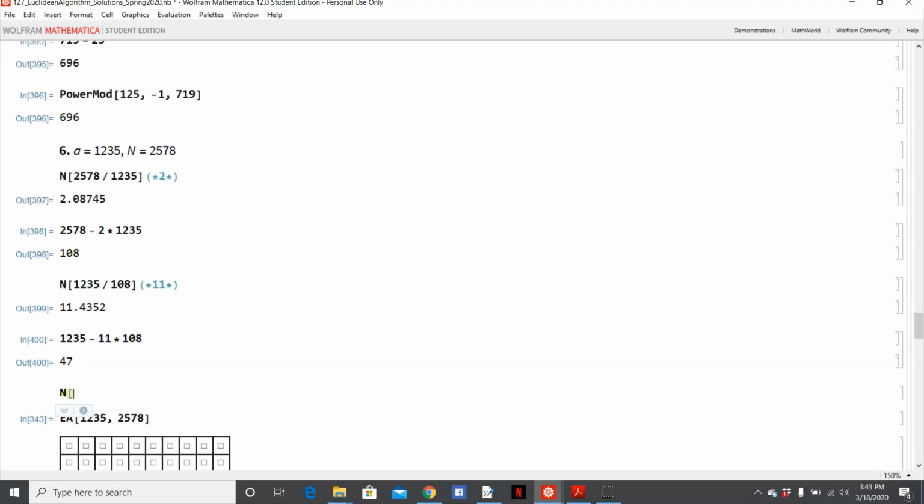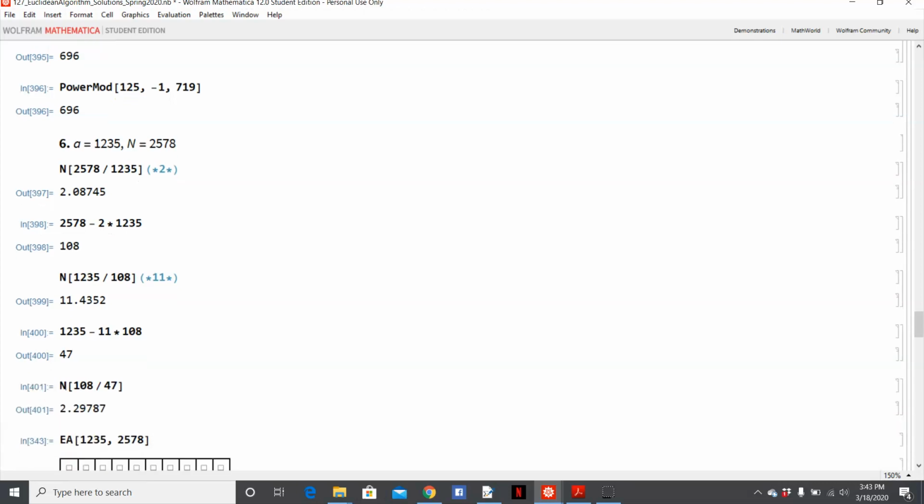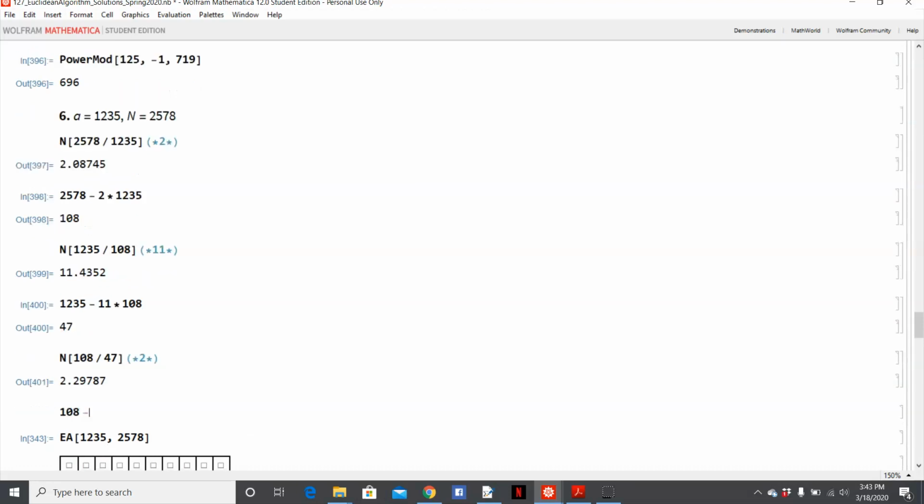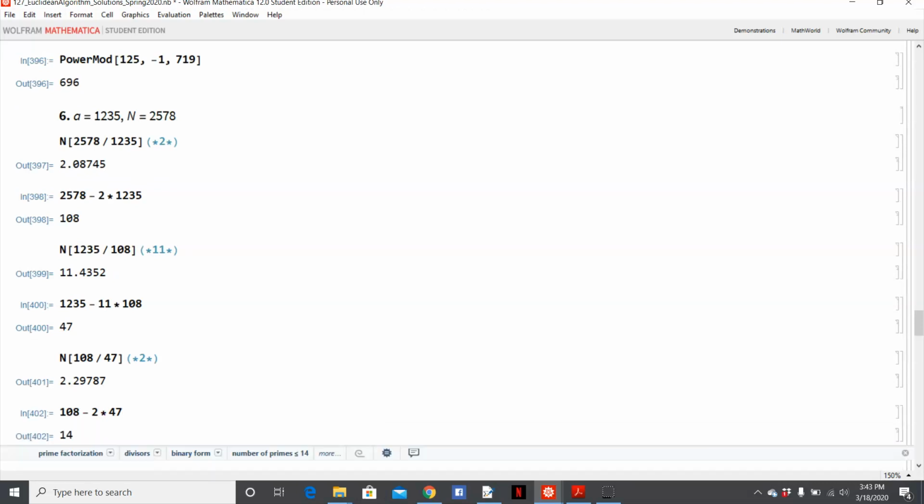All right, and now I'm going to take 108 and divide it by that. All right, and that's going to have a quotient of 2. So it's going to be 14.